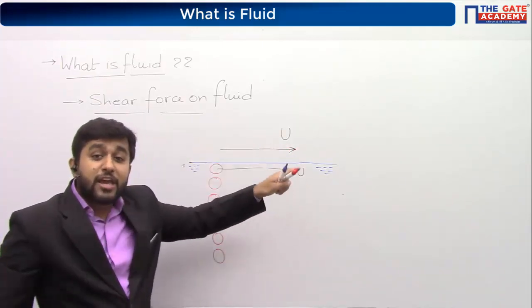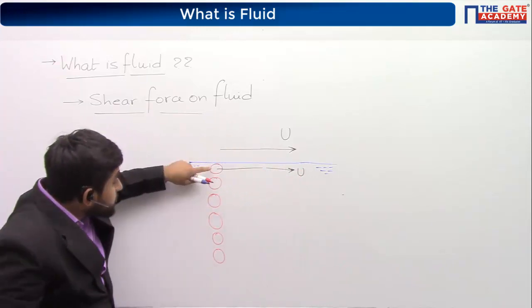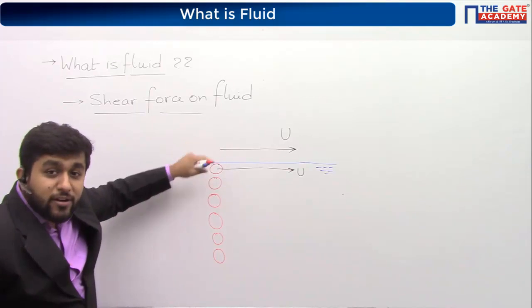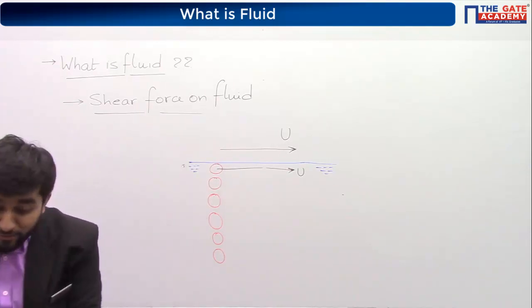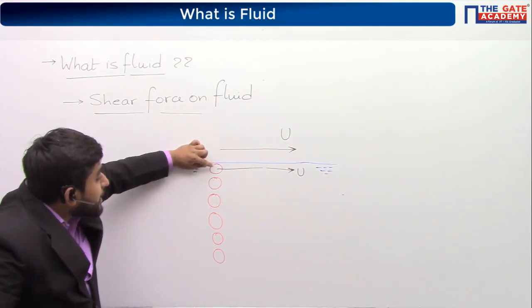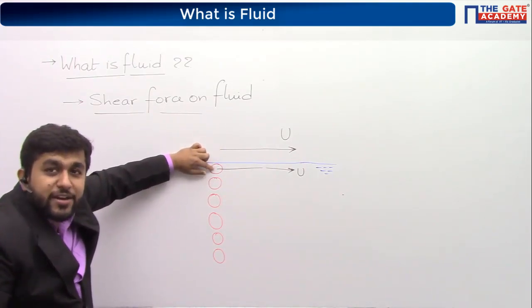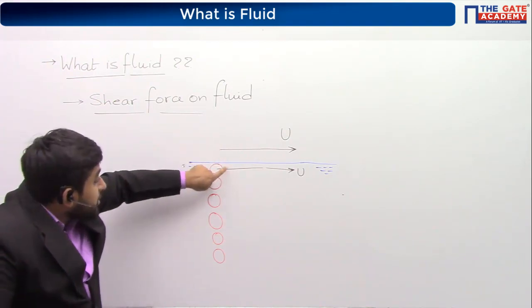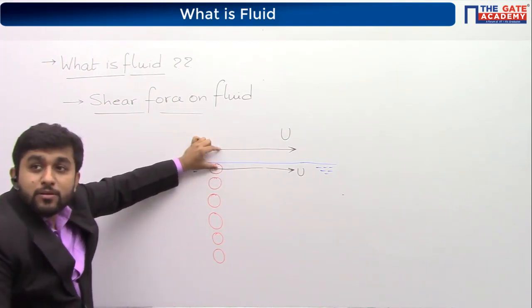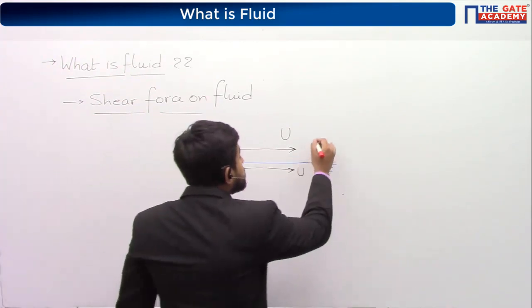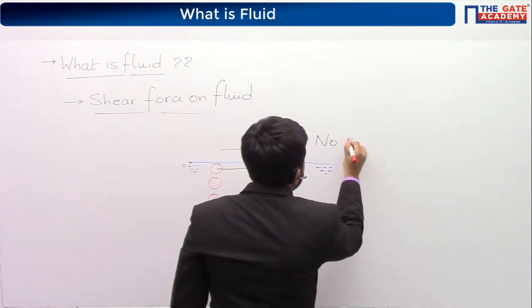But in every case, he observed that this particle or the layer of fluid which is in direct contact with the solid surface is moving with the same speed. So what is the relative motion between the plate and the neighboring fluid layer? Zero. Very good. This condition is known as no slip condition.